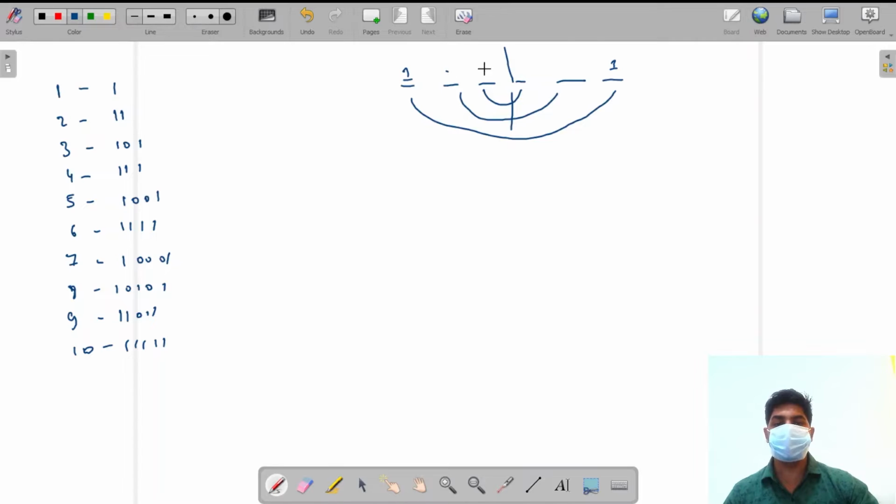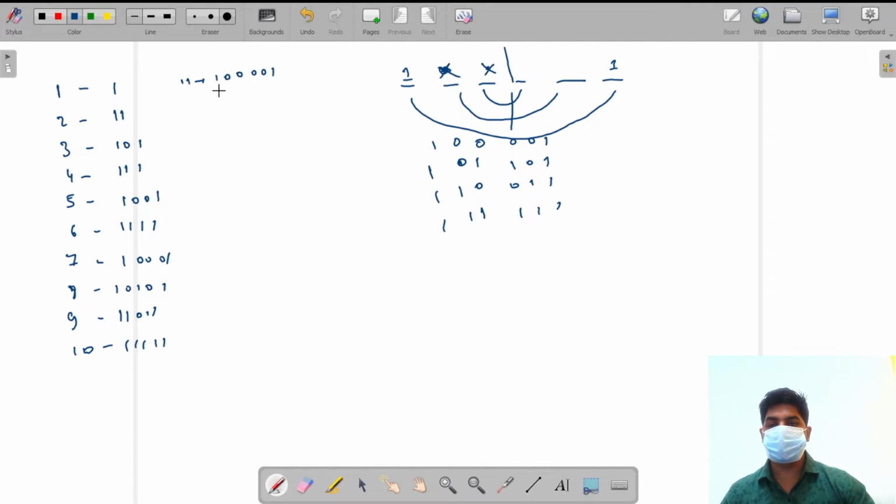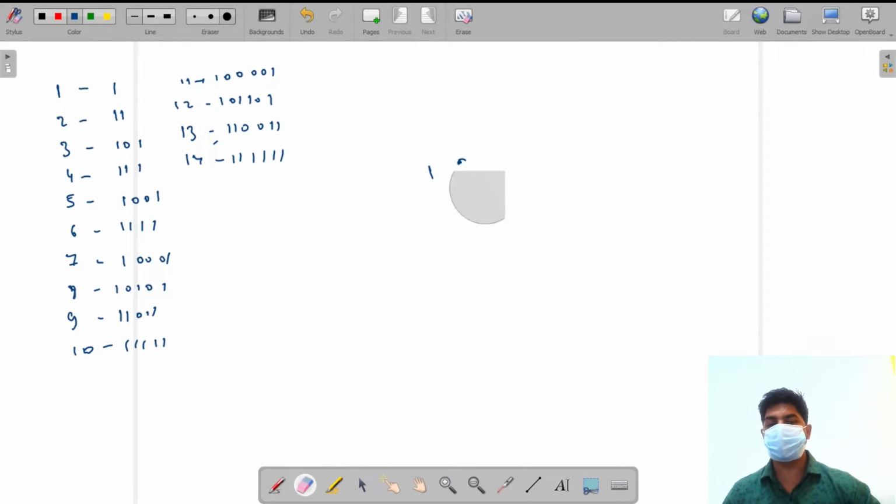So we have only two possible options at the remaining places: 00, 01, 10 and 11. So the 11th number will be 100001, the 12th will be 101101, the 13th will be 110011, the 14th will be 111111. Similarly we can generate more numbers if we need.